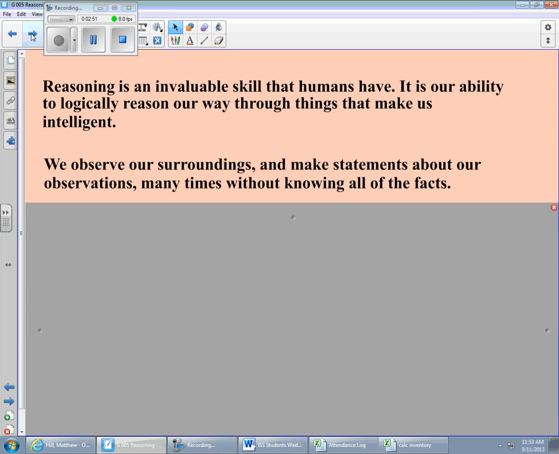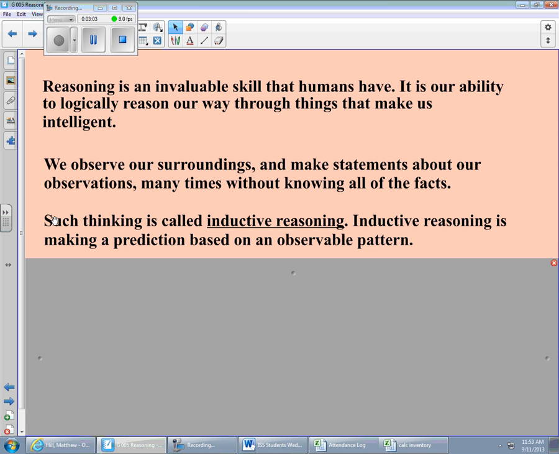We have to do the best that we can based upon what we do know and what our prior experiences tell us about a situation. Making statements about our observations without knowing all the facts is an example of what we refer to as inductive reasoning. Inductive reasoning is making a prediction based upon an observable pattern.